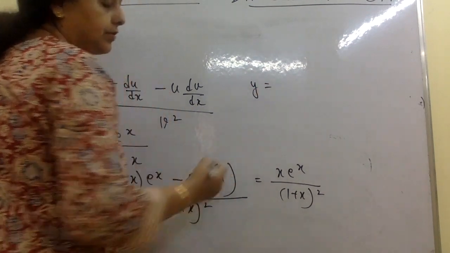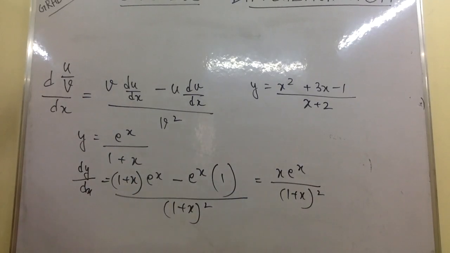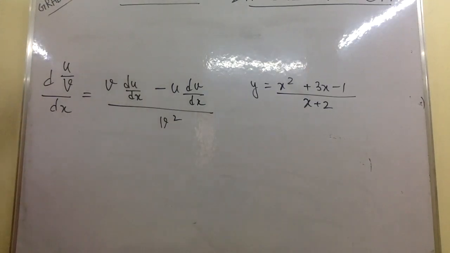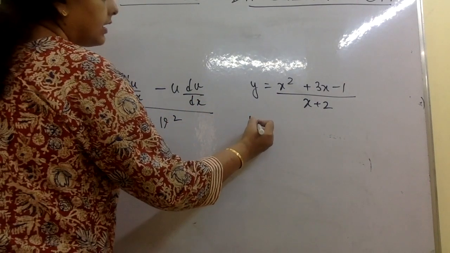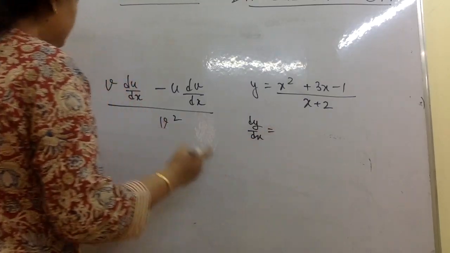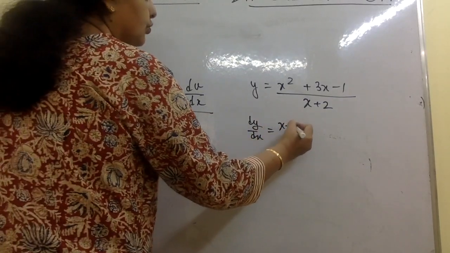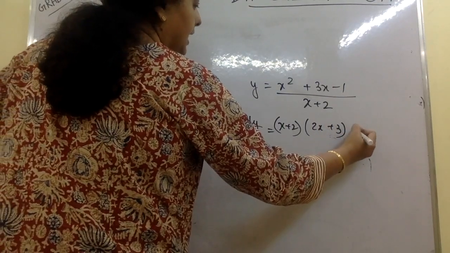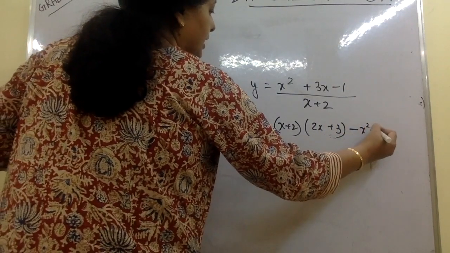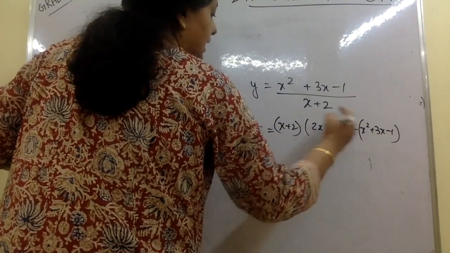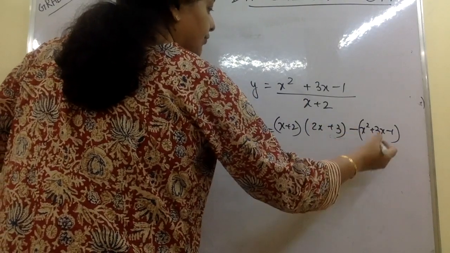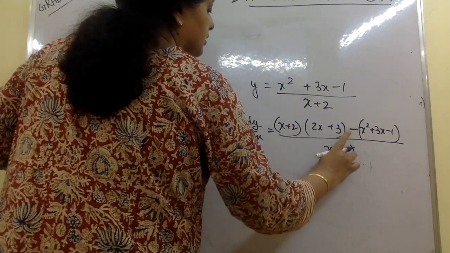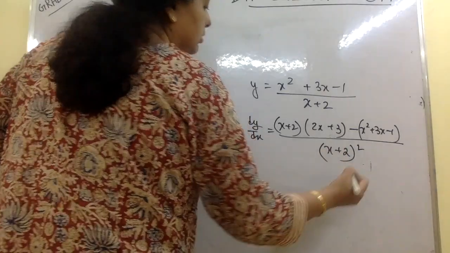y is equal to, so we'll start with the differentiation here, dy by dx. How to do this? First we'll have to write the v, x plus 2, and then differentiate the other one, plus 3, and put a minus sign, x square plus 3x minus 1, and differentiate this, that is a 1, by x plus 2 whole square.